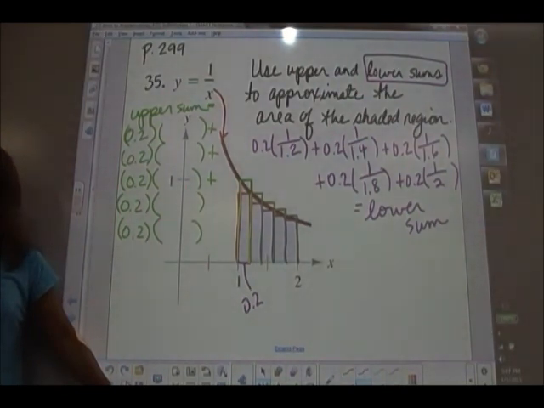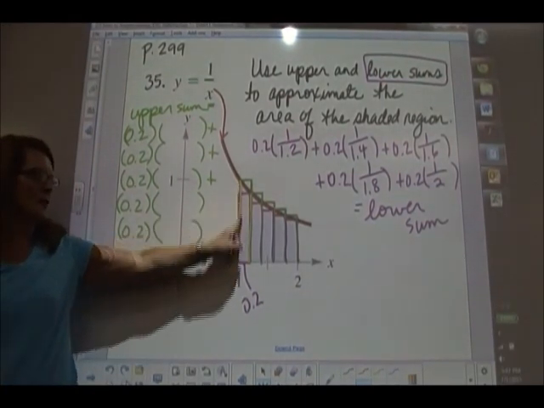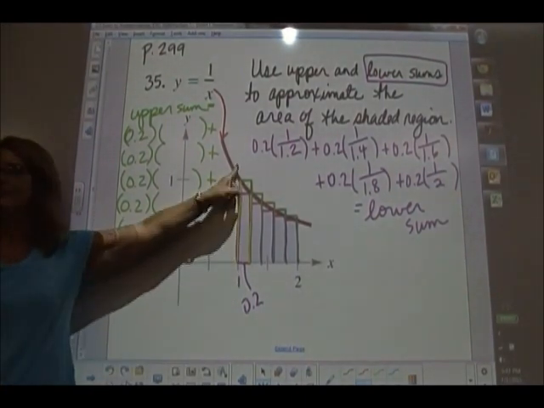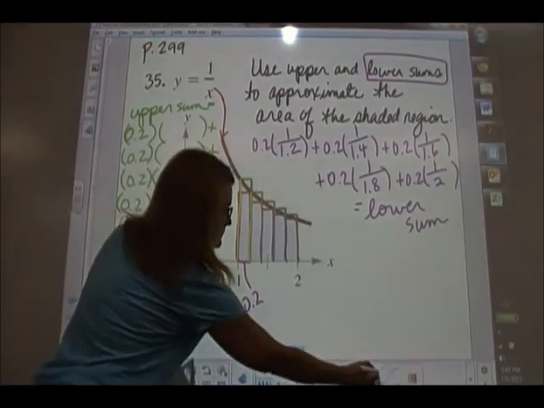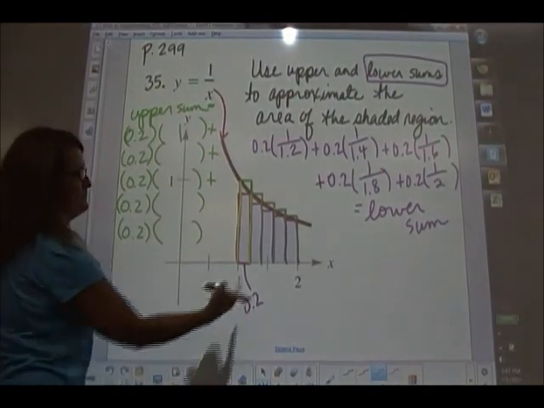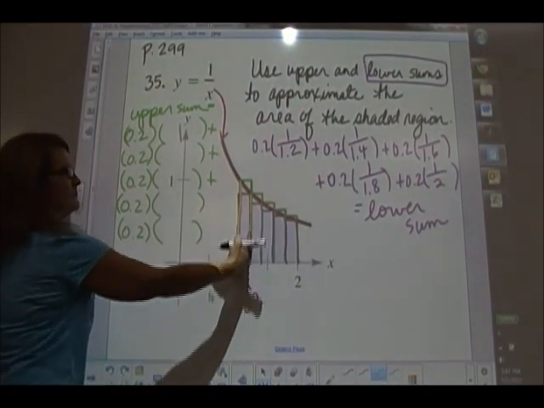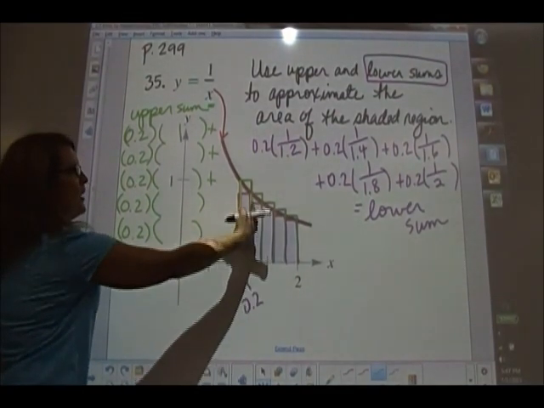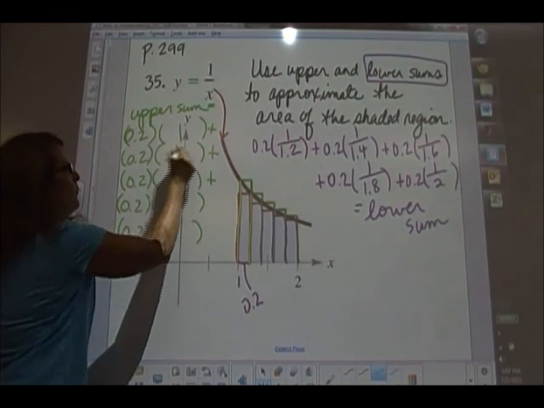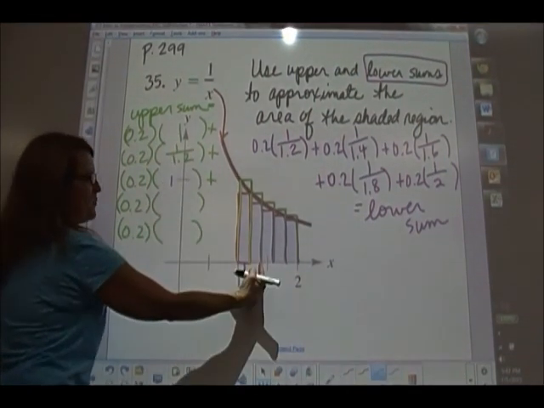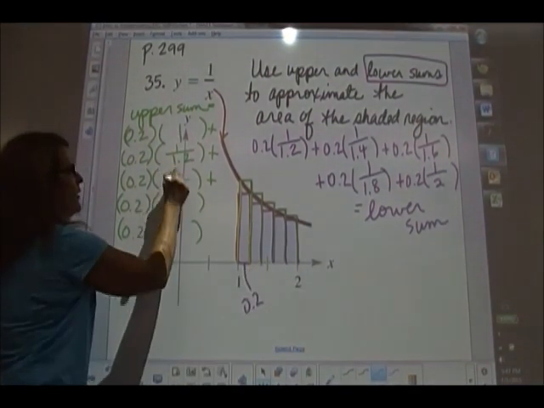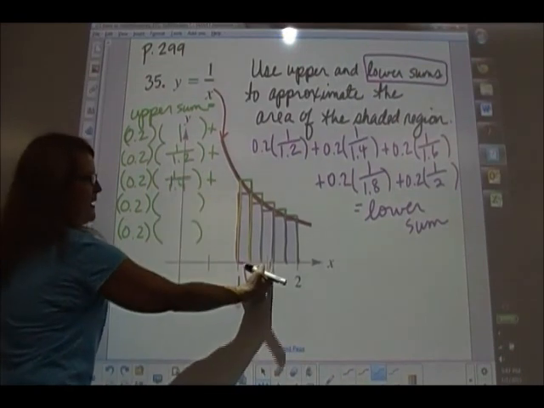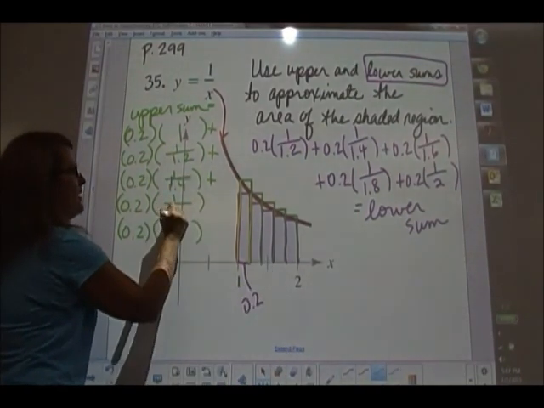That's where the rectangle meets the curve. How big is this yellow segment? 1. How big's the next one? As big as 1 over what? 1.2. 1 over 1.2. How about the next one? 1 over 1.4. And then 1 over 1.6.